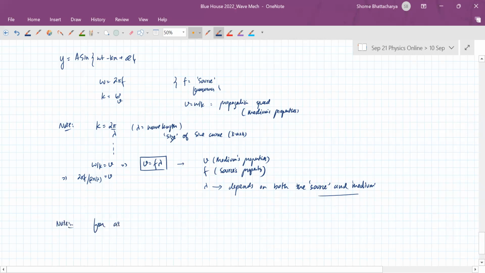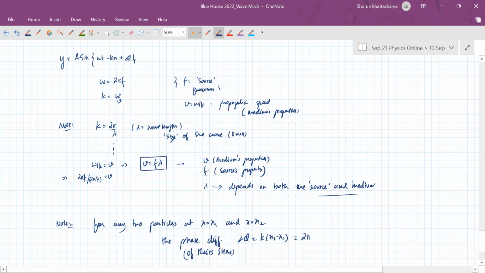So that's one thing. The other thing is that for any two particles at x equal to x1 and x equal to x2, the phase difference of their oscillation is k into x2 minus x1.